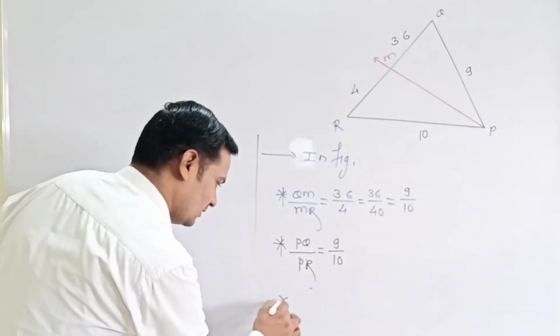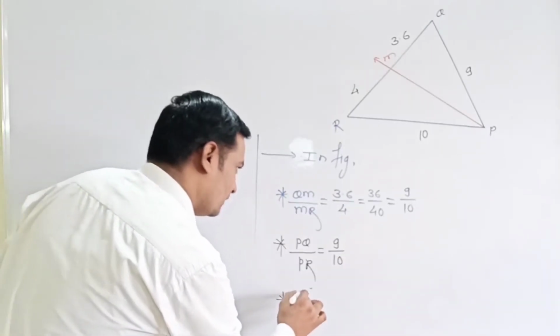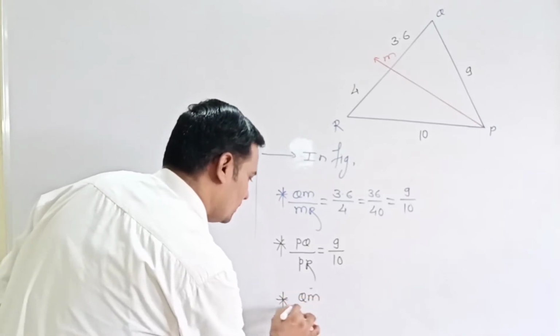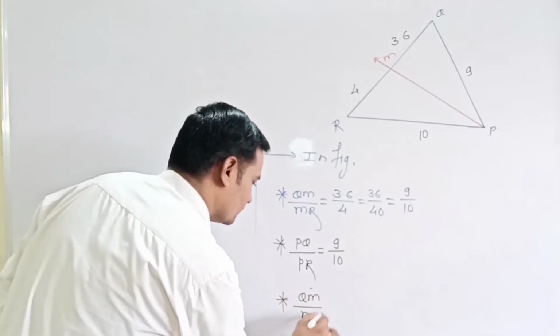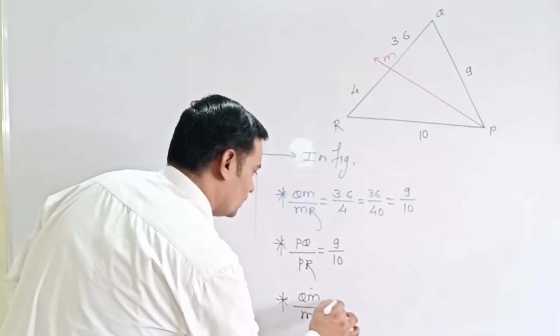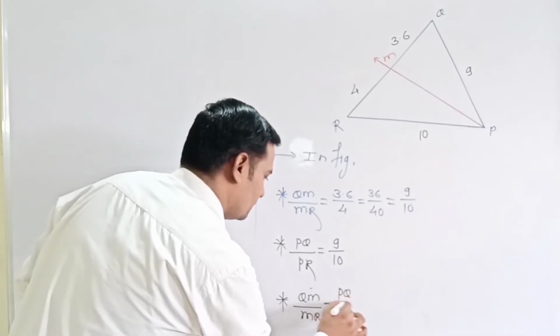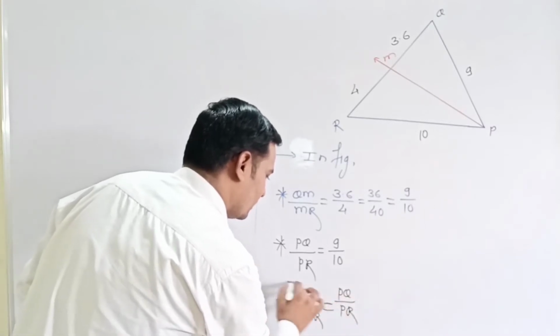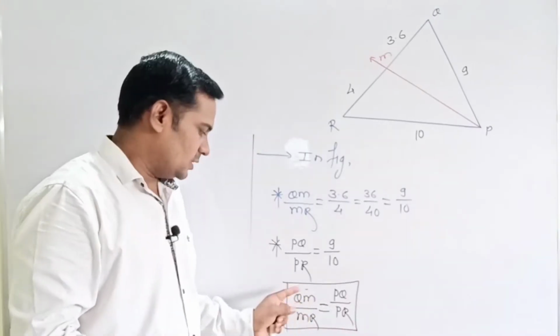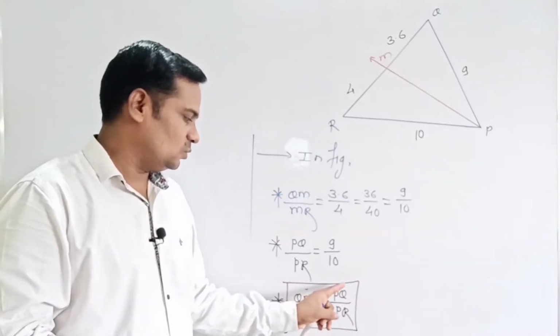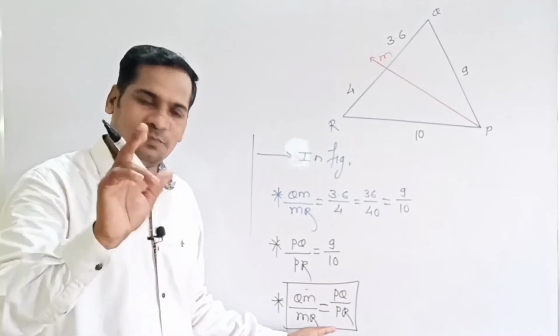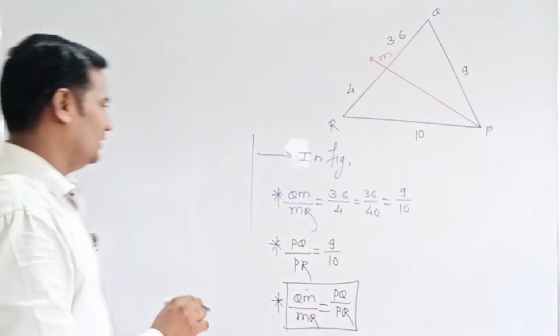Therefore we can write here that QM upon MR is equal to PQ upon PR. QM upon MR is equal to PQ upon PR. That means both the ratios are equal to each other.